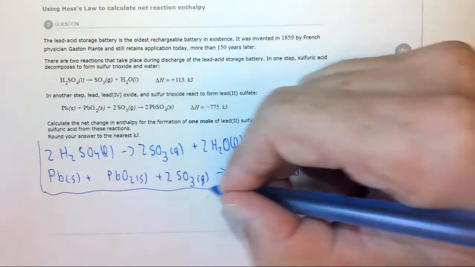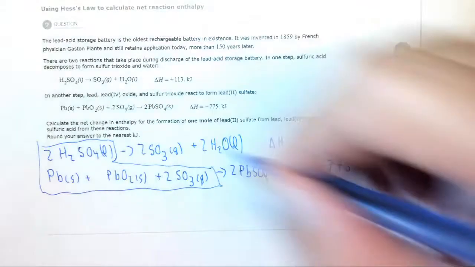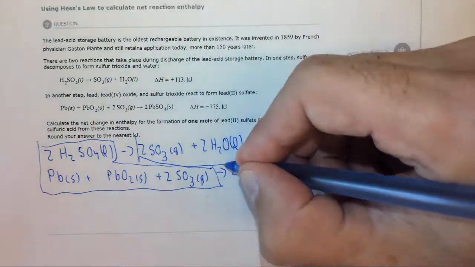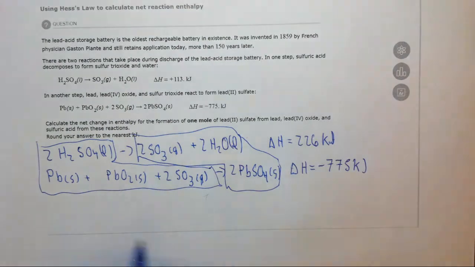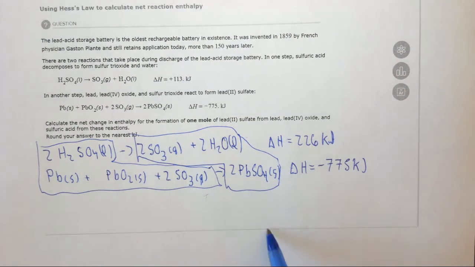Recall that adding reactions means write everything on the reactant side on the reactant side, everything on the product side on the product side, and anything that's the same on both sides cancels out.